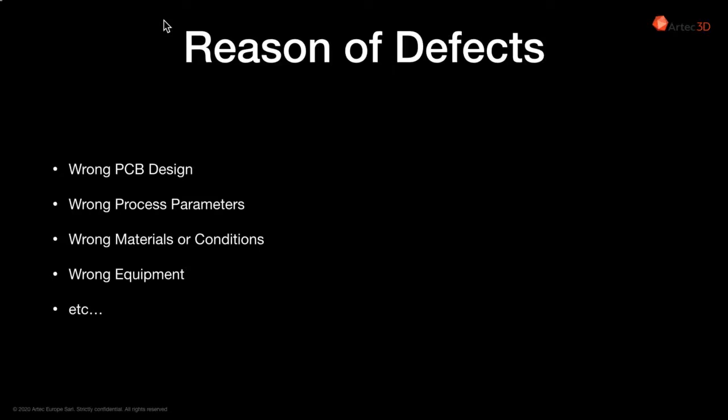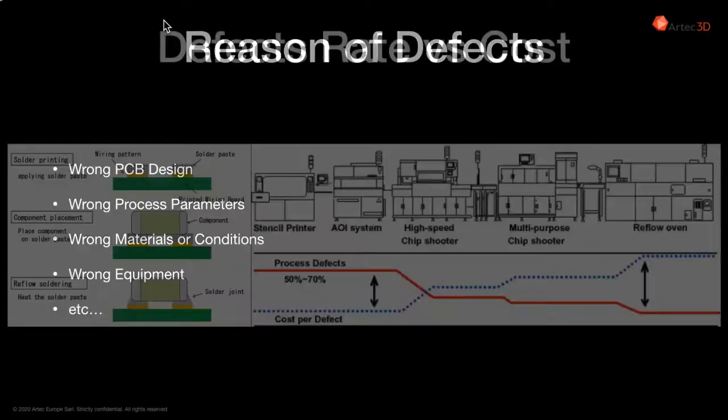So it's a big problem. Another story is wrong process parameters. I just talked about it. Wrong materials and condition, and wrong equipment. Because your equipment should meet the capabilities you need to reproduce your PCB.